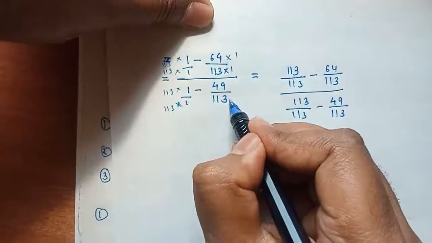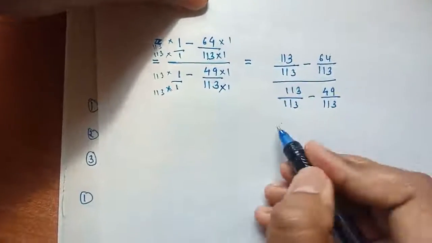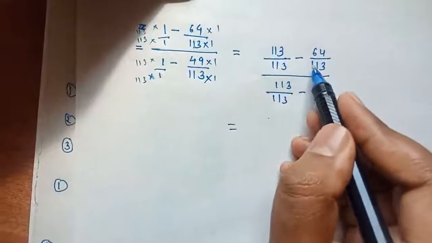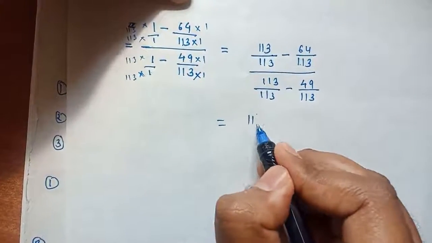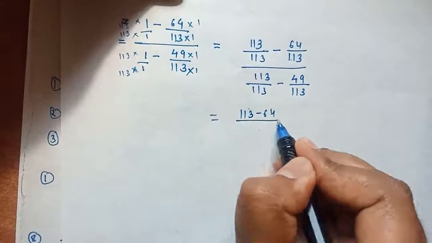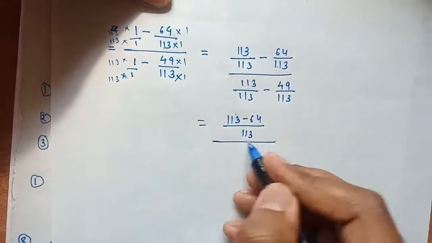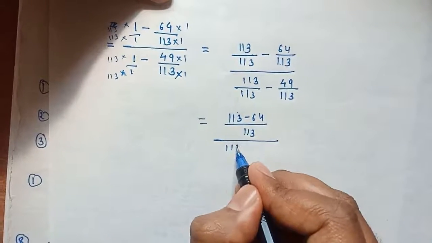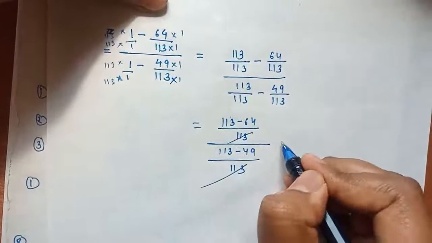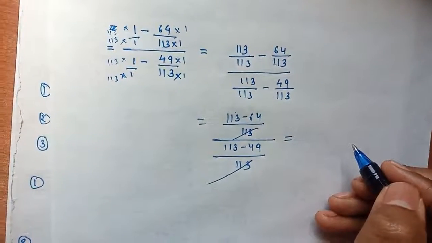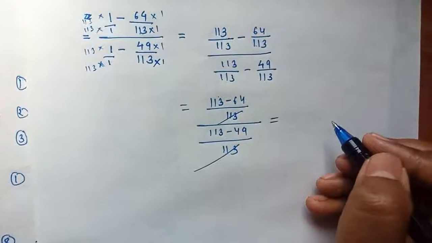Now the denominator is the same, so we can directly subtract the numerators. So 113 minus 64 upon 113 will come, divided by 113 minus 49 upon 113.